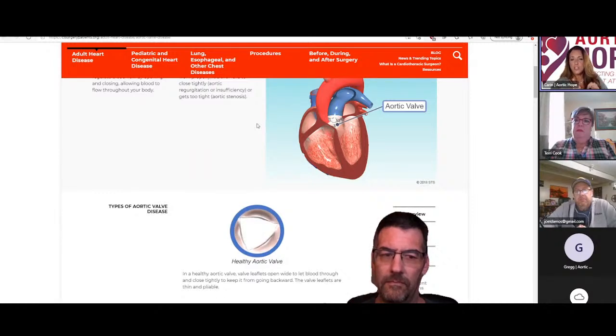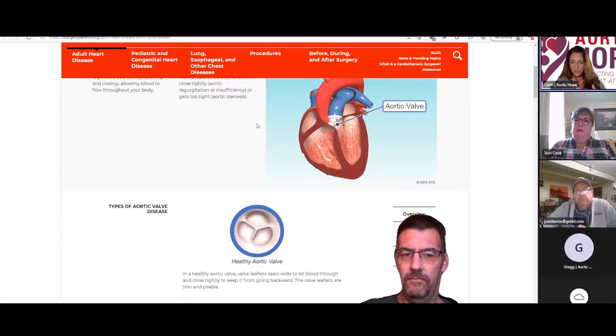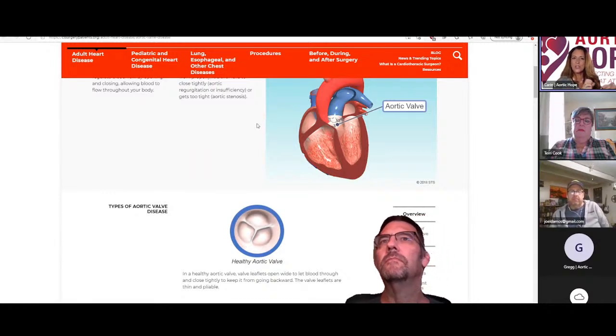And I do want to give a shout out to the Society of Thoracic Surgeons, because when you go to the top of their page on the right-hand side, there is a tab that says Patients. Then when you click there, on the left-hand side, there is a patient website and patient resources.